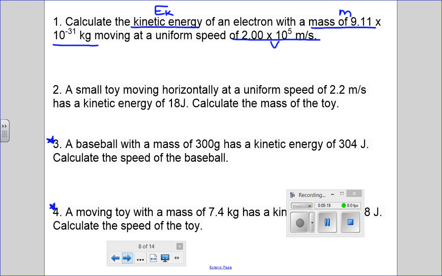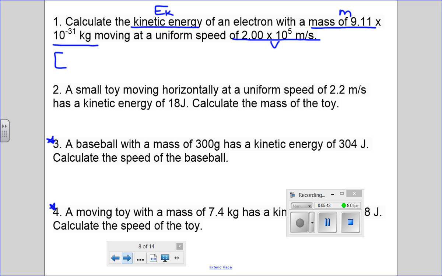Now you'll notice in a lot of these questions that we say that the speed is constant or uniform, and that's because if it weren't, I wouldn't be able to do this calculation. And so we're going to assume for all of our questions, if I'm asking you to calculate kinetic energy, that the object has a constant rate of speed. Otherwise, you can't use the value of speed that's given.